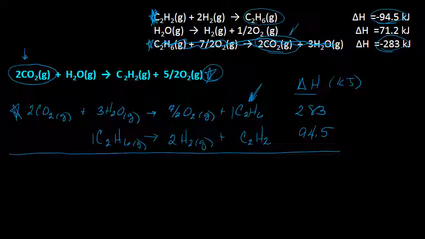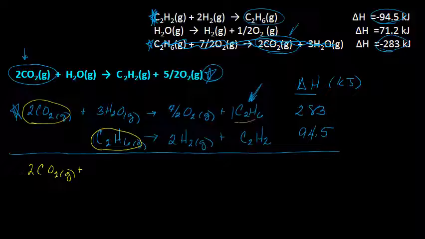Now we're ready to add them. Do you see 2 CO2s anywhere else? I don't either, so I'm going to write 2CO2 gas plus this one and this one canceled because 1 minus 1 is 0.